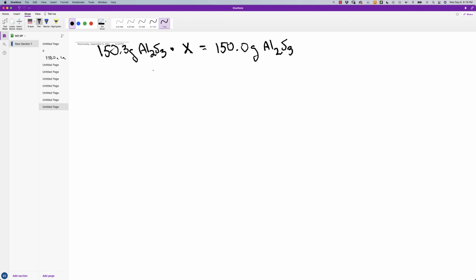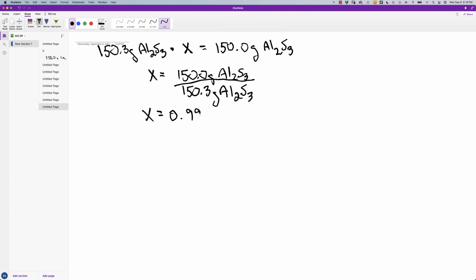Okay, we just do our math. That gives us 150.0 grams aluminum sulfide divided by 150.3 grams of aluminum sulfide. Our multiple comes out to 0.9980. Okay, so this is what we use with our original values that we started with.